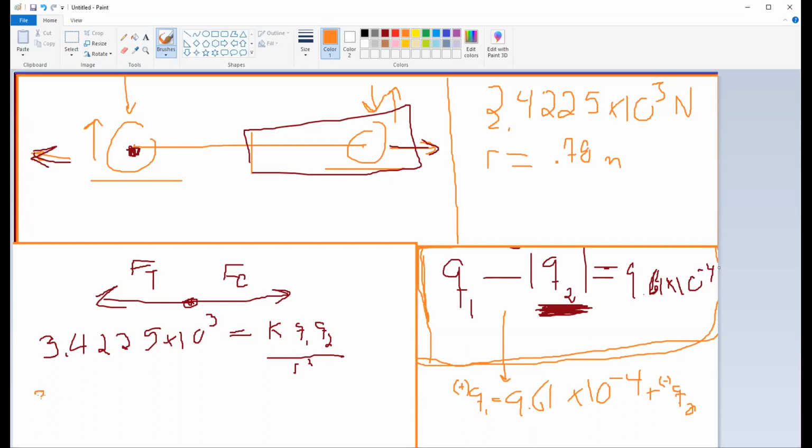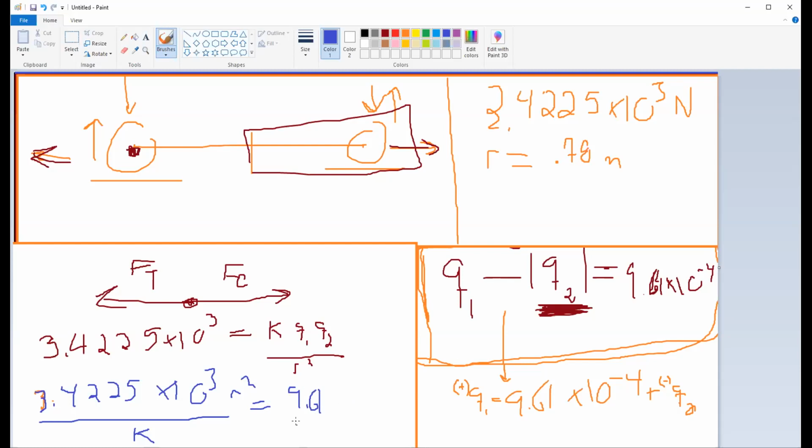So we get 3.4225 times 10 to the 3 times r squared over k is equal to 9.61.